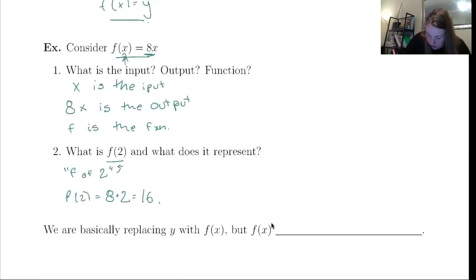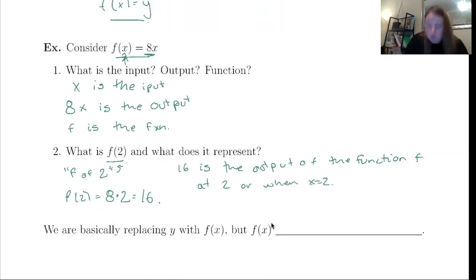And what does that represent? Well, we would say 16 is the output of the function f. You can say at 2, or when x equals 2. That's the same thing. Okay?